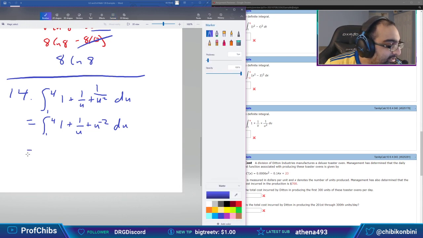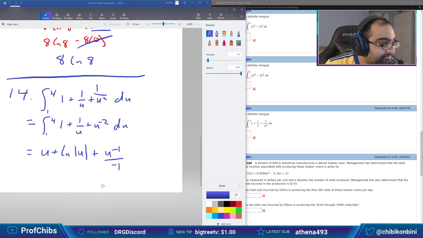So the integral of 1 is just u. The integral of 1 over u is the natural log of the absolute value of u. And the integral of u to the minus 2 is going to be specifically u to the minus 1, since we're adding 1 and dividing by negative 1. Okay.